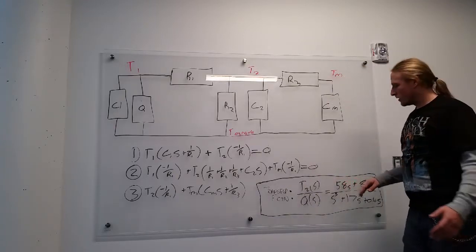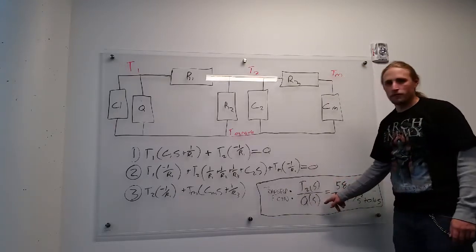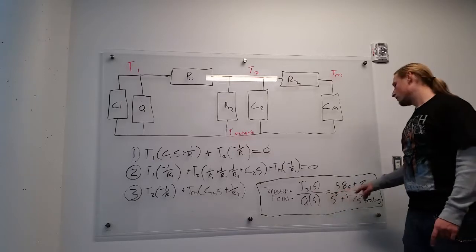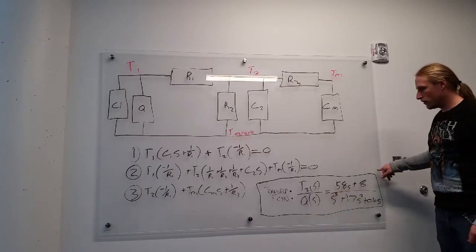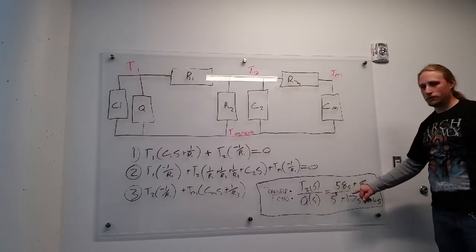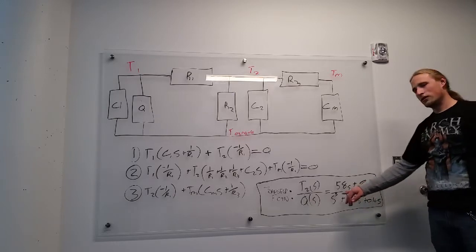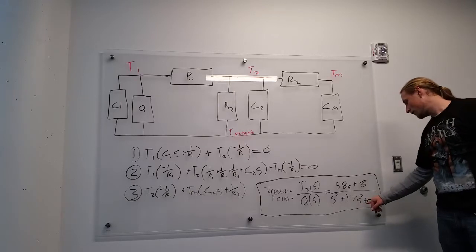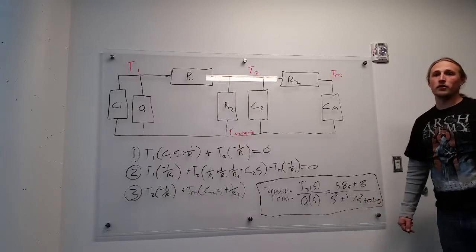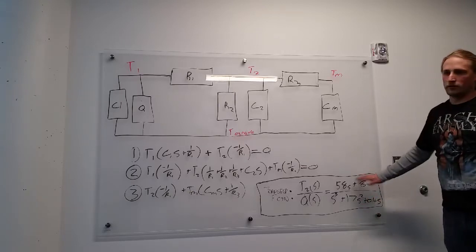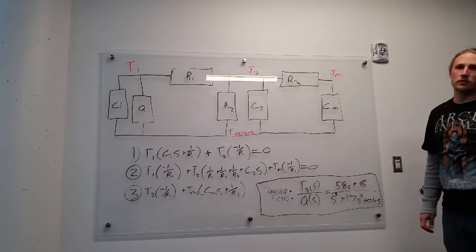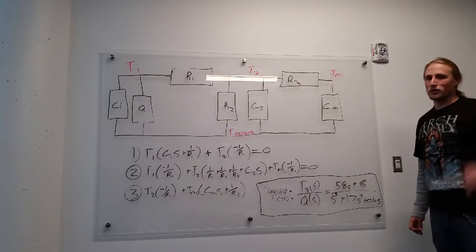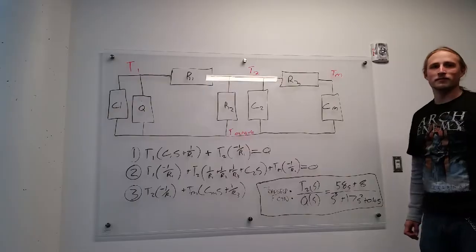So dividing the big numbers out in front of the s cubed term, we get this transfer function here, which is 58s plus 8 over s cubed plus 1.7 s squared plus 0.4 s. And there is a little bit of rounding in there, just because it's not going to be exactly accurate.